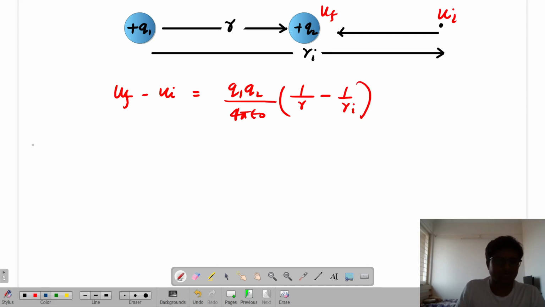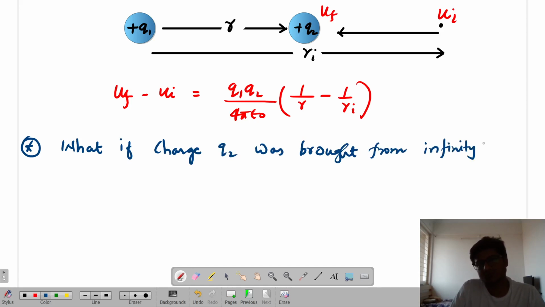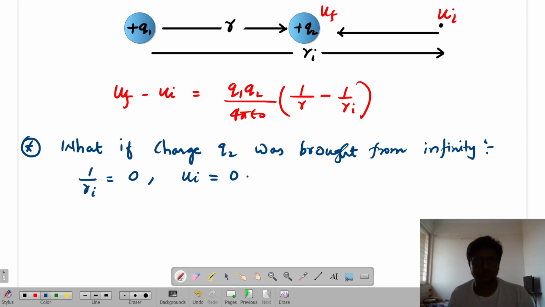Now let's suppose one case. What if charge Q2 was brought from infinity? The 1 by R initial will change to 0, and at infinity, what is my potential energy? 0 only. At infinity, will there be any interaction?